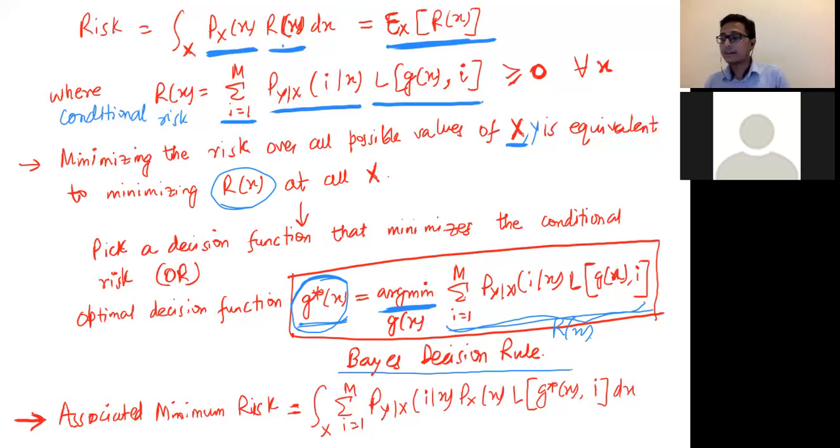Okay, and if we use this optimal decision function in our risk expression, then we can find the minimum risk associated with this optimal decision function, and it's simply the expression of risk where we have put the optimal decision function in the loss expression.